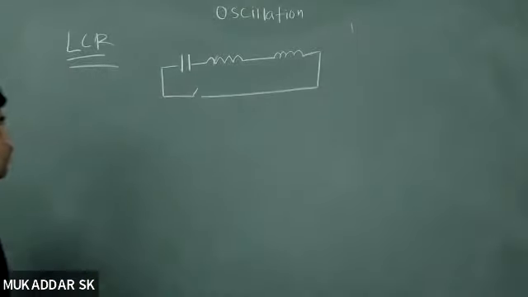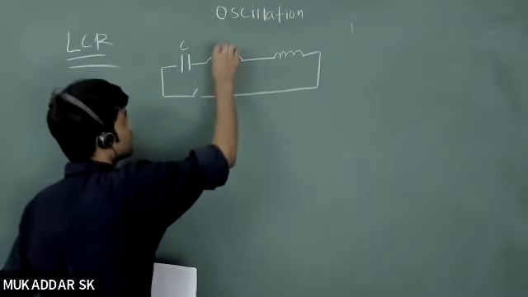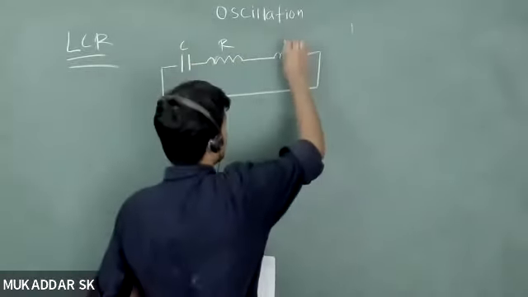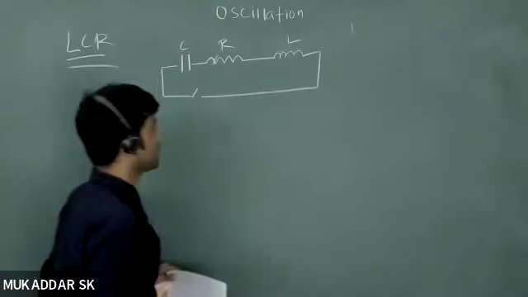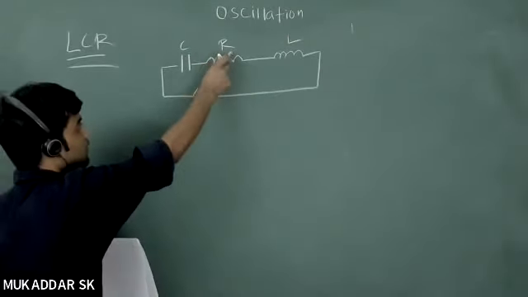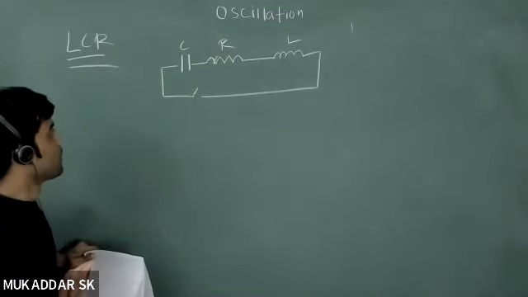LCR circuit में तो तीनों component होता है, right? So this is your capacitor, this is your resistance, this is your inductor. Inductance is capital L, resistance is capital R, capacitance is C.